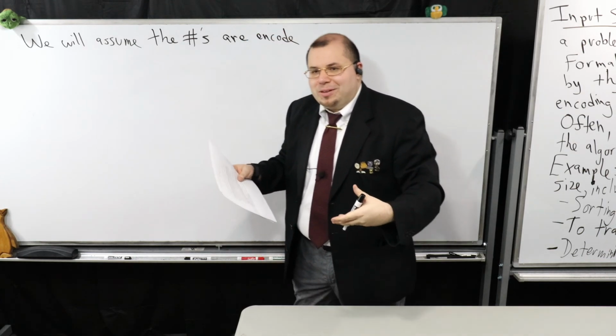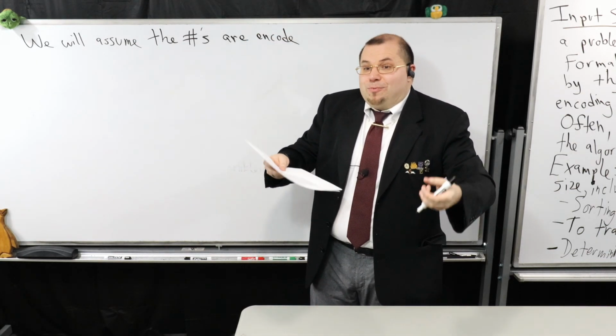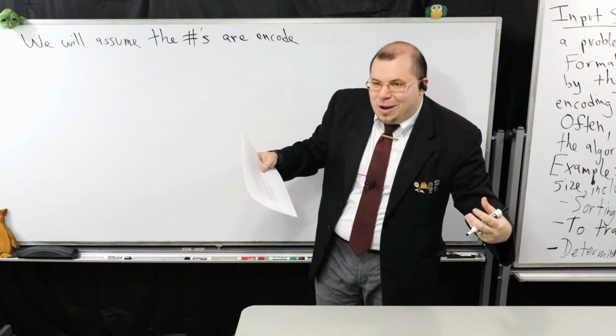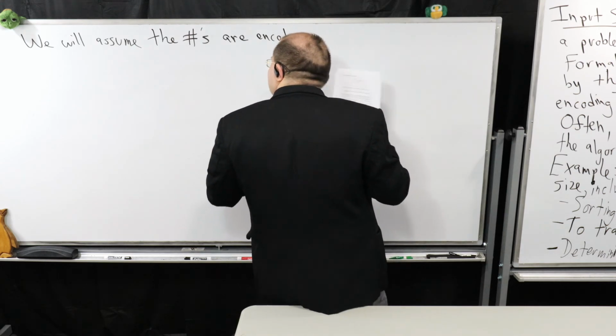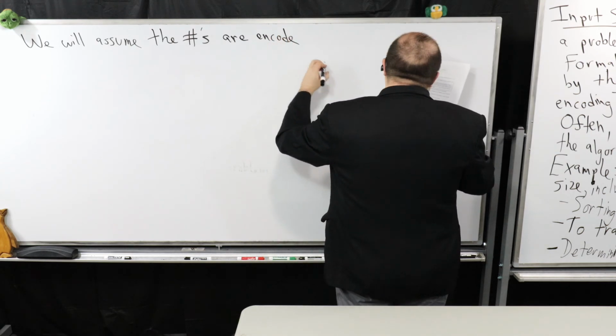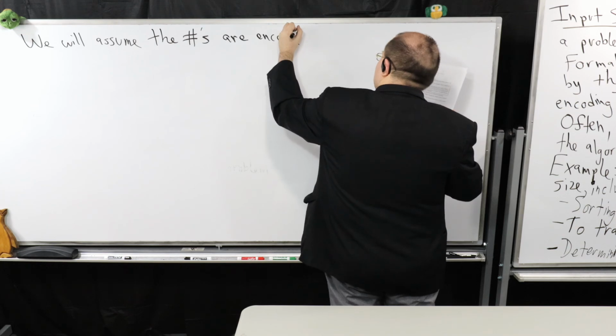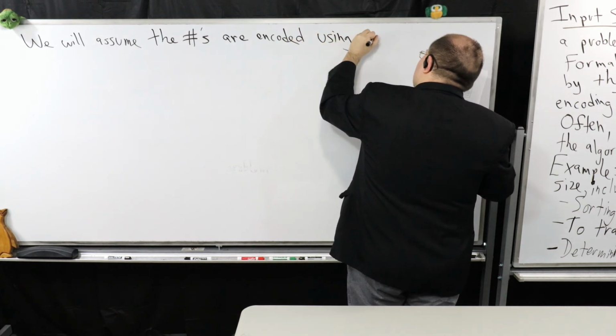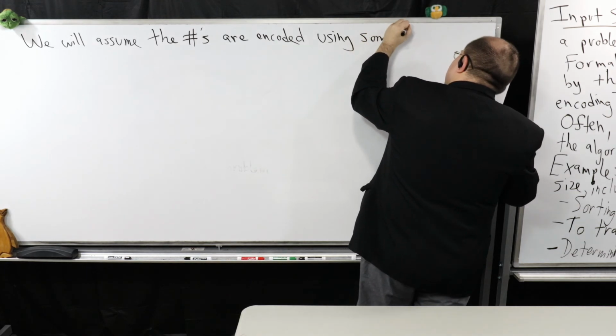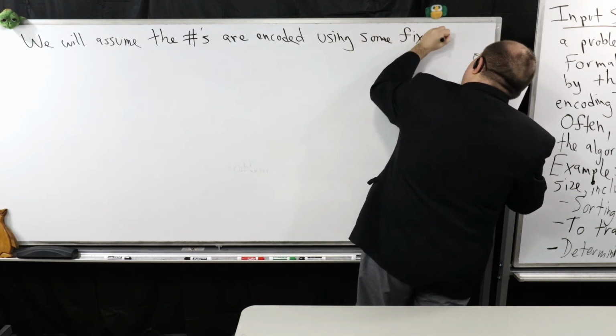When I talk about an input, when you encode that in binary, that's also a number, right? That's what I mean. So we'll assume the numbers are encoded using some fixed number of bits.